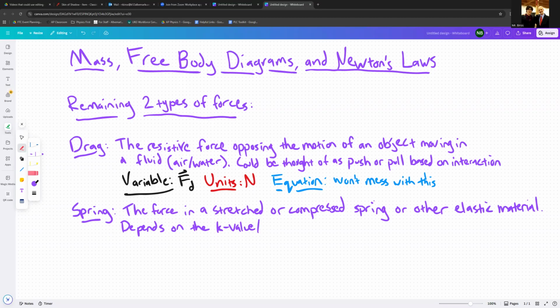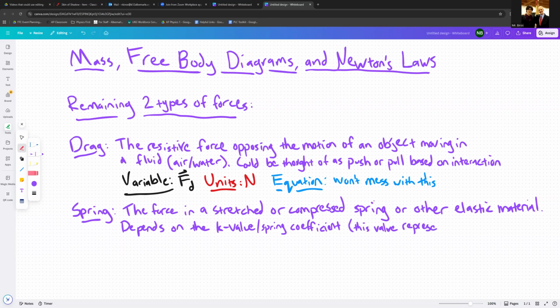You'll see me call it the K value, but it's also called the spring coefficient. And it plays a somewhat similar role to the coefficient of friction. We'll talk about the equation once we get there.